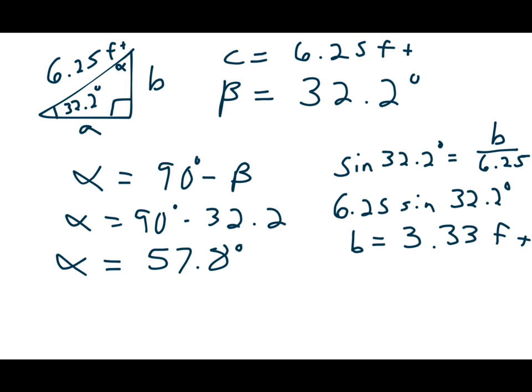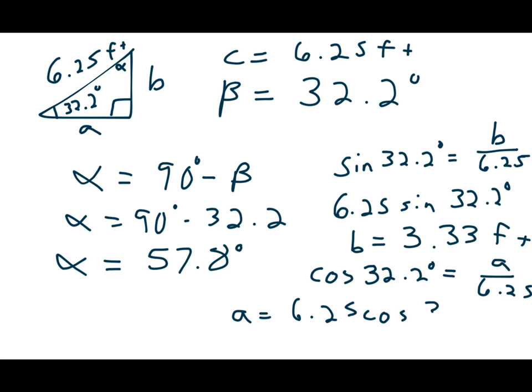Now, to get the other side length, you can use the Pythagorean theorem, or you can do what we just did. To find A, we can use cosine of 32.2 degrees, which is A over 6.25. So A is 6.25 times the cosine of 32.2, and it is 5.29, approximately.